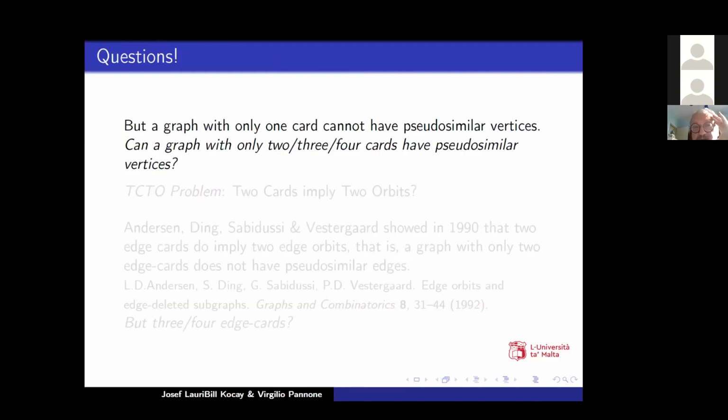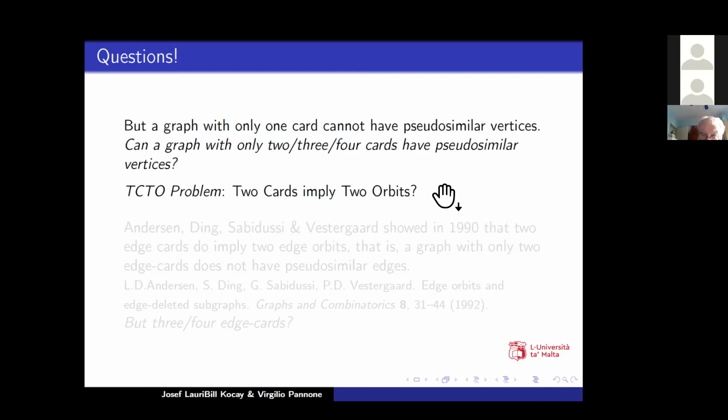Therefore, there's this gap here. And the problem we are considering is, we call it the TCTO problem, because we conjecture that 2 cards imply 2 orbits. So that 2 cards cannot have pseudosimilar vertices if you have only 2 cards.